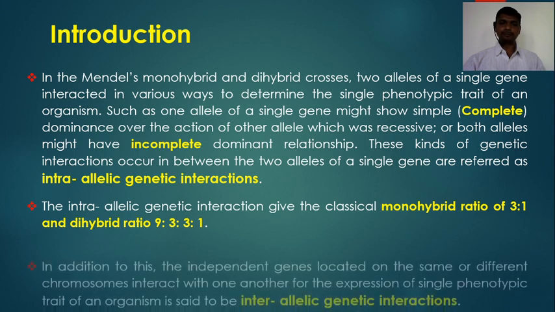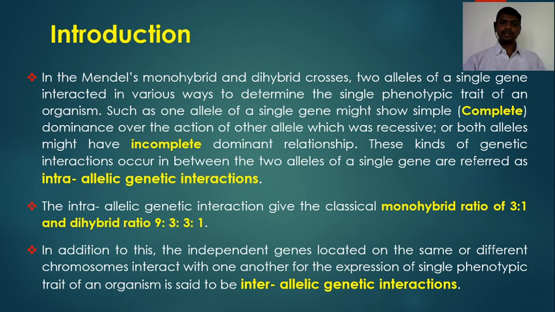In addition to this, independent genes located on the same or different chromosomes interact with one another for the expression of a single phenotypic trait of an organism; this is said to be interallelic genetic interaction.